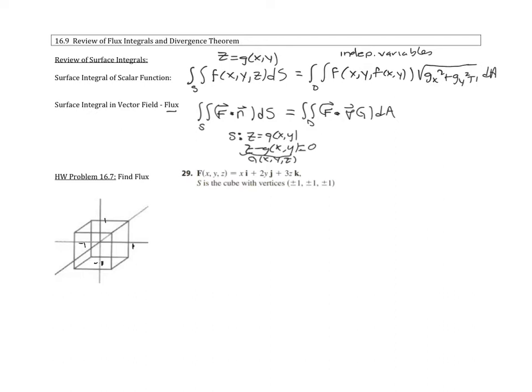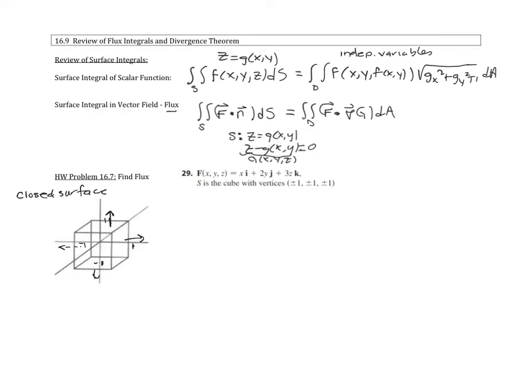And so if we were going to find the flux out of this, first of all, it is a closed surface. And so for a closed surface, positive orientation is outward. So on this closed surface, we have outward orientation, which on the top means upward, on the right means rightward, left means leftward, and so on.